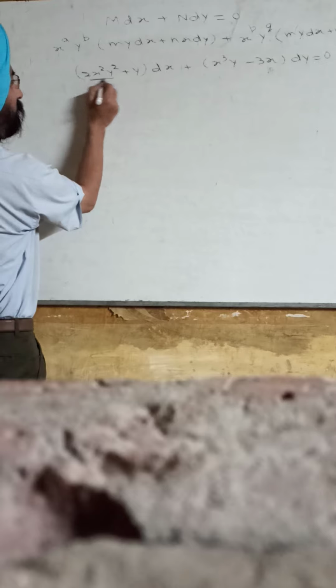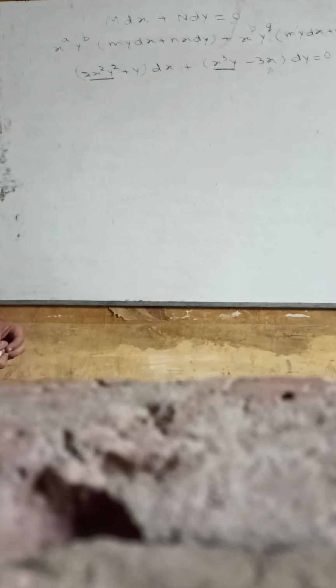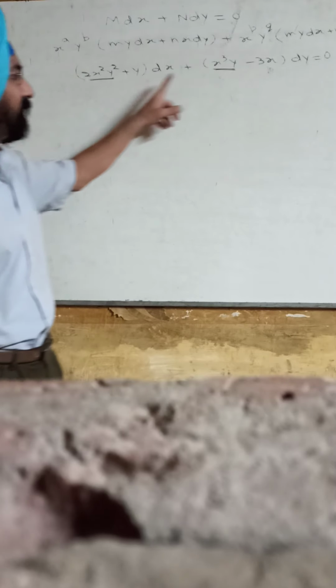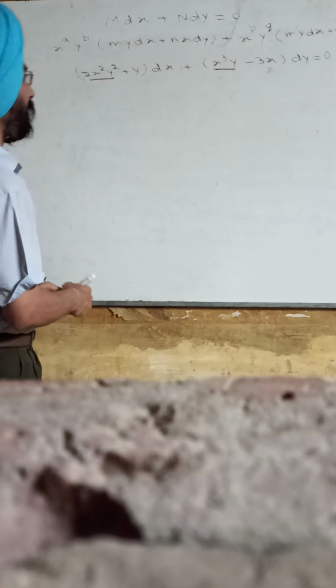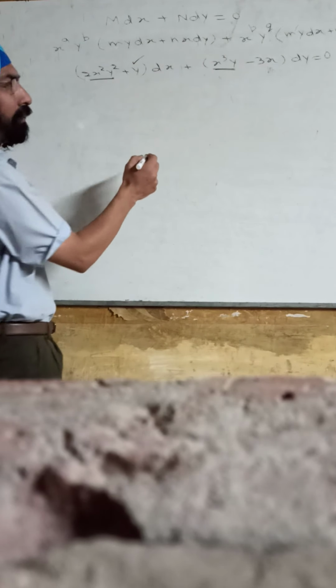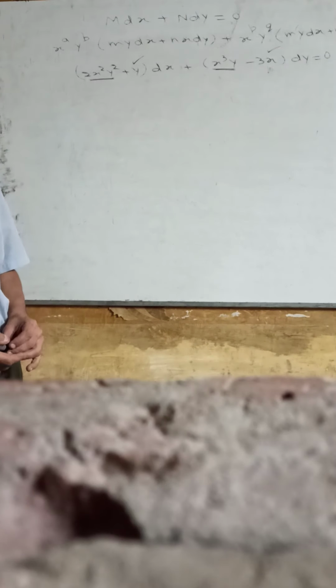Look into this equation. What is the degree of this term? It is 4. What is the degree of this term? It is 4. That means the degree of one term in M matches with the degree of one term in N, and the degree of the second term in M matches with the degree of the second term in N.